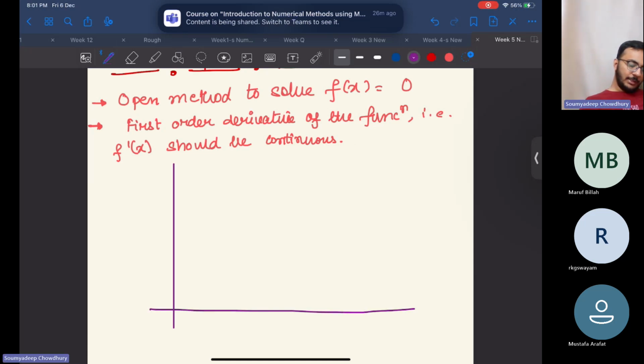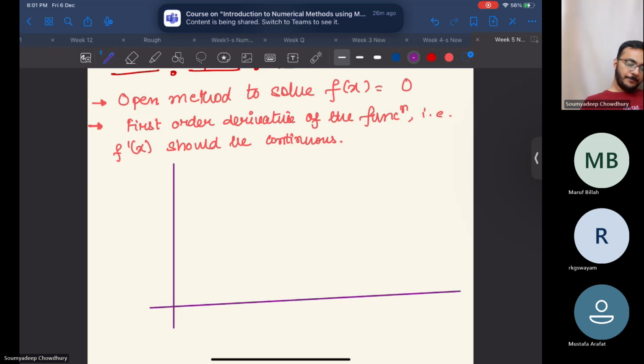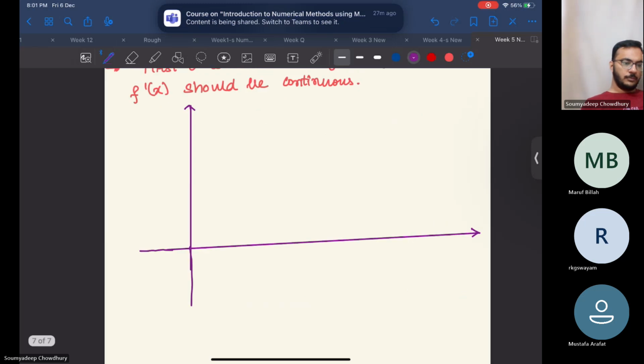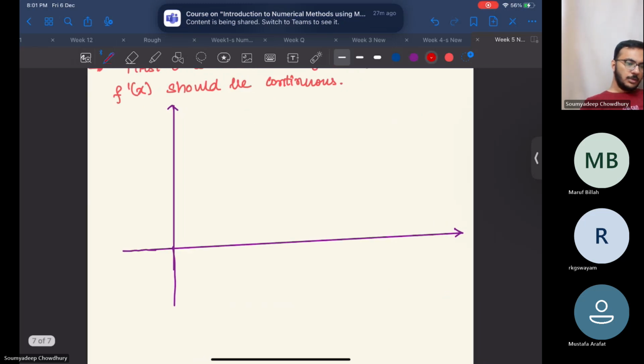First, we'll see the graphical interpretation, which will make it more appealing. So if you have a function, say like this, I'm taking a random function.